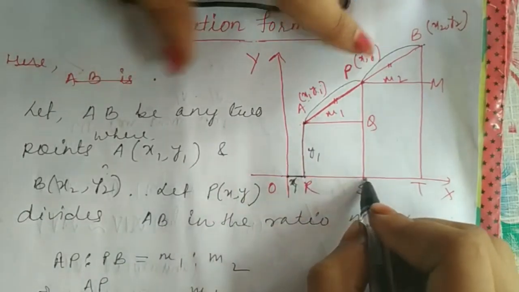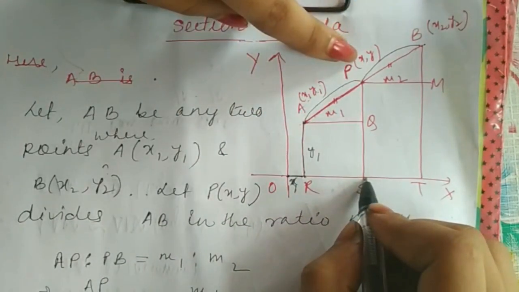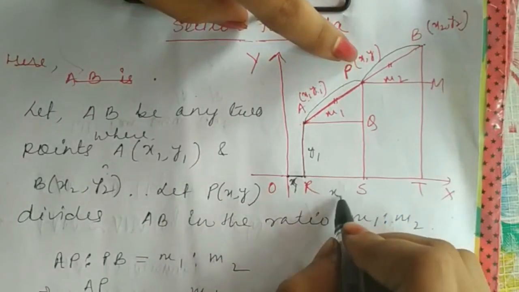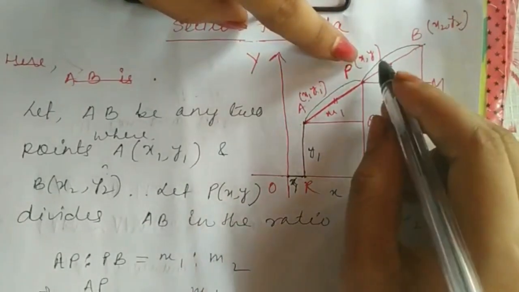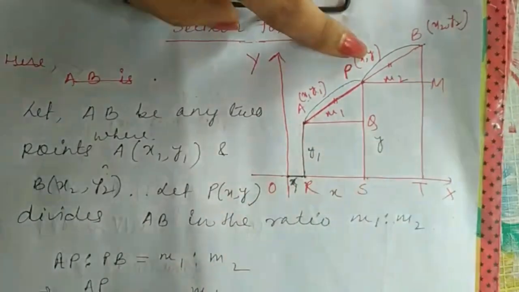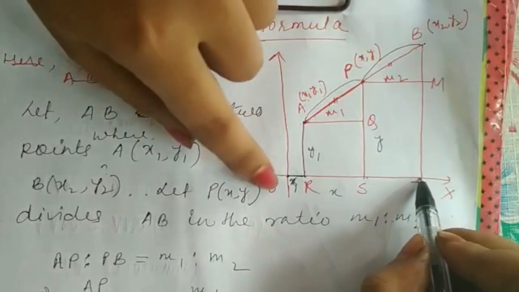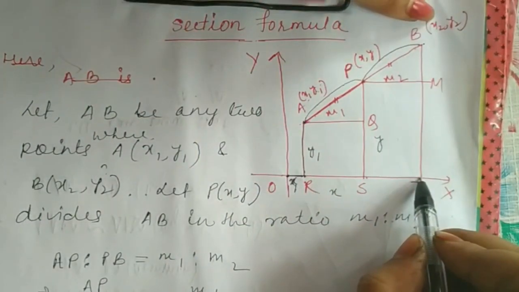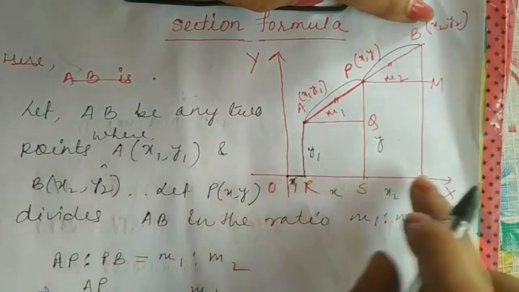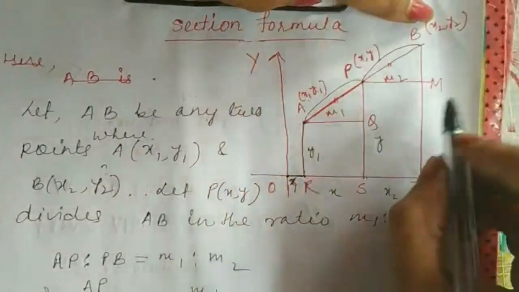I already explained the distance formula to you, so now look here. Similarly, for P, OS is x and PS is y. And OT is x2 and BT is y2.